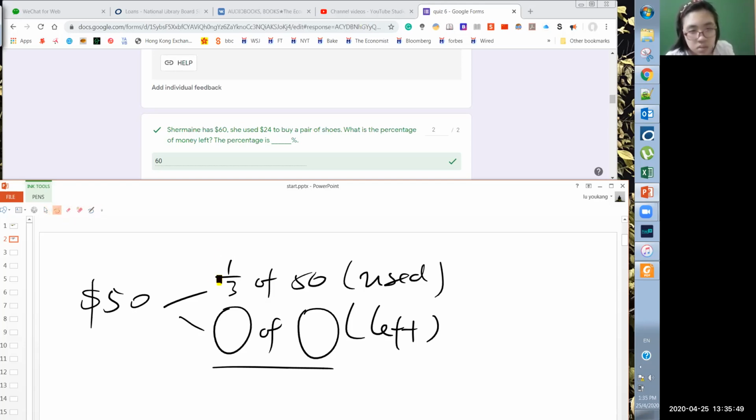Come on, quick. What's the fraction that is left? Don't know or not sure? Just tell me quick. 1/3 is used, so what is left?